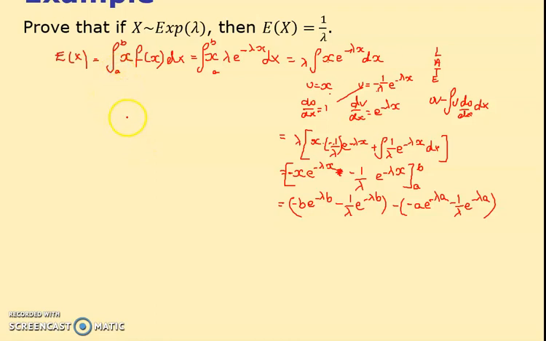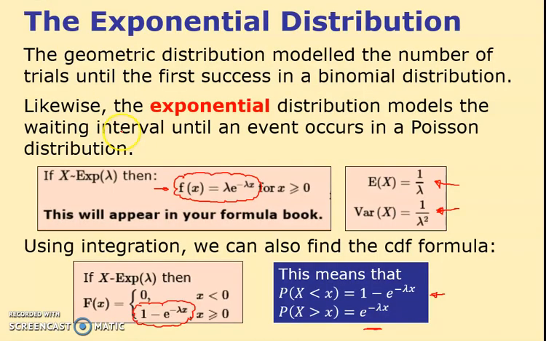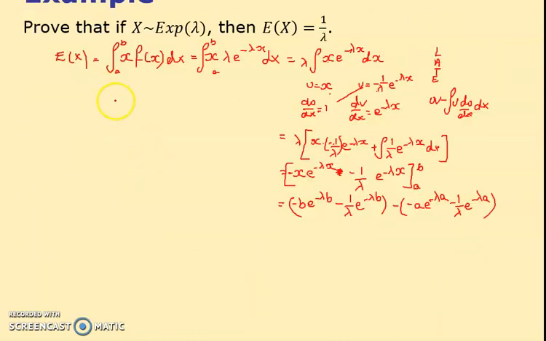The a and the b aren't quite the same in this case. You can't, for instance, on this question, go any lower than 0 if you're waiting for a time period or whatever. So a effectively is 0, and b could go up to infinity. Even though it looks horrific, it will actually sort itself out quite quickly. The b then is a big number, but e to the negative infinity is 0, so that disappears. So 0 minus 1 over lambda.